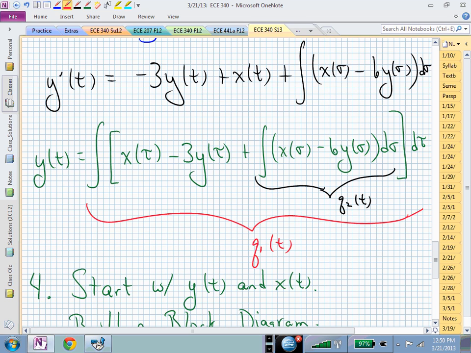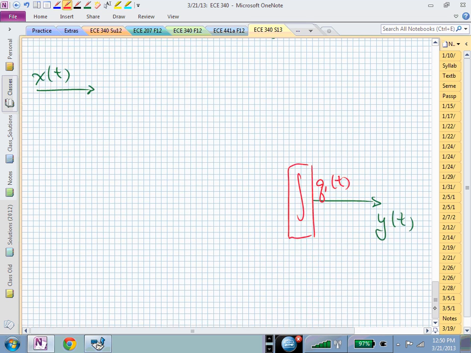Does everybody see that? So if I go just inside the integral, this square bracketed expression is the derivative of q1 by definition of how we relate integrals and derivatives. So this piece right here is q1 prime of t.